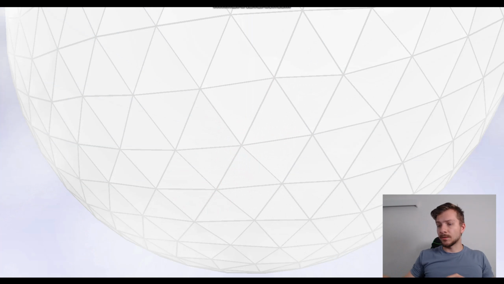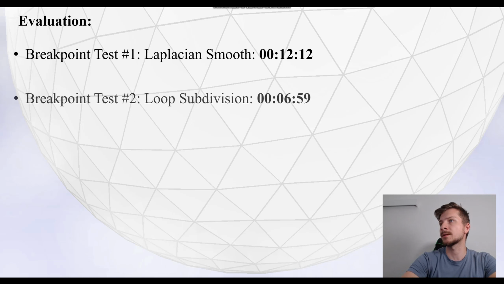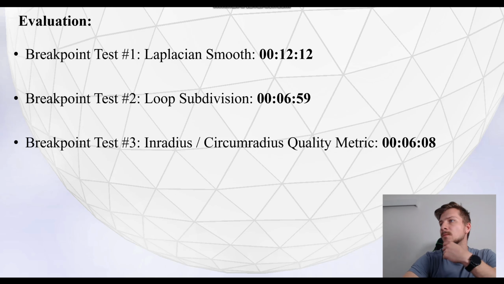Let's give ourselves a little evaluation of what we found out. First of all, the breakpoint test for the Laplacian Smooth took around 12 minutes. The second breakpoint test for Loop Subdivision was almost 7 minutes, and then the last one took only like 6 minutes.